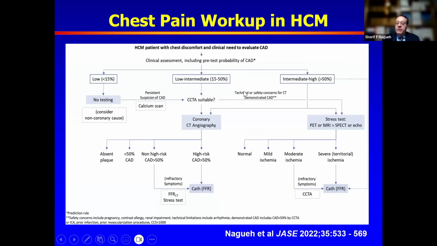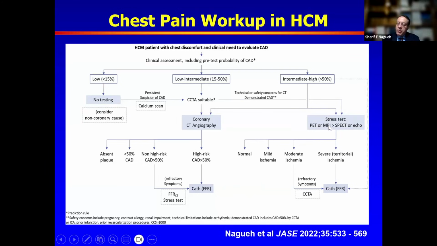And if you consider cases with intermediate probability who are, for technical or safety concerns, cannot go to CT, or someone with known CAD, we can do stress testing as the first step. The accuracy of detecting problems in terms of true ischemia is much better with PET or cardiac magnetic resonance imaging as opposed to SPECT or echocardiography.